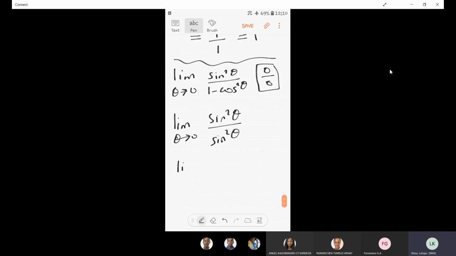So this is just the limit as theta goes to 0 of 1, because sine squared theta divided by sine squared theta is equal to 1. And now what is the limit as theta approaches 0 of 1? This is just equal to 1, because 1 is a constant term. It doesn't matter what is happening to theta. Theta is approaching 0. 1 will always remain 1. So the limit of that is equal to 1.